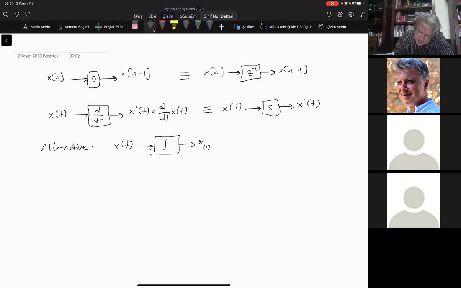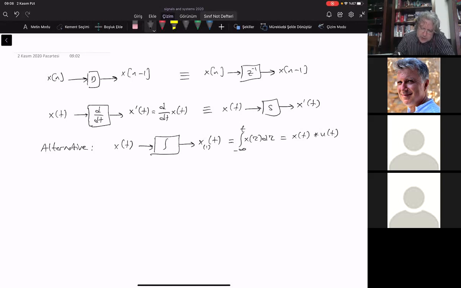Yes, in a parenthesis, x sub 1 of t, which means the first integral, excuse me, not derivative, the first integral of x of t, which could be notated as from minus infinity to t x of tau d tau. This is the integral of x of t. And it is also equal to x of t convolution with u of t, because when you convolve anything with u of t, it actually corresponds to the integration.